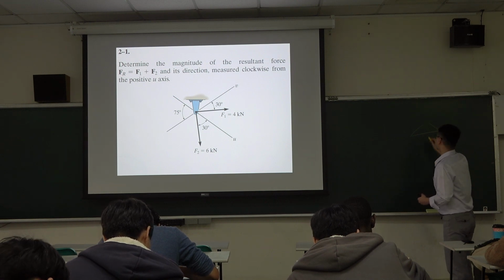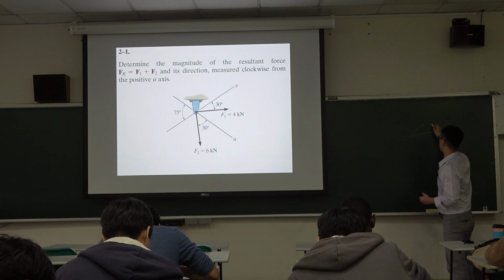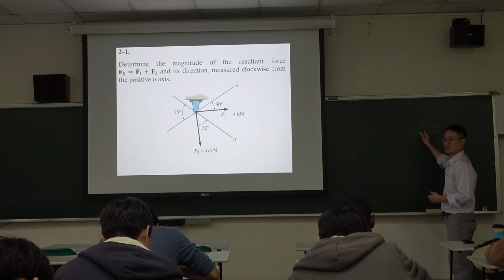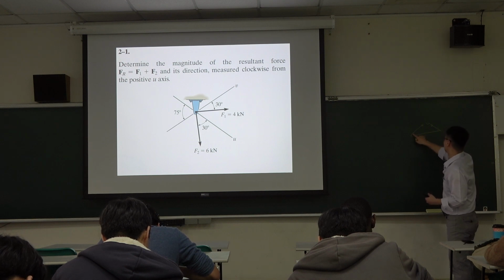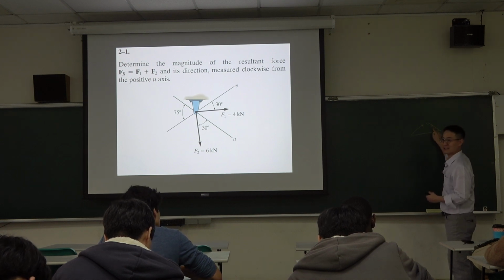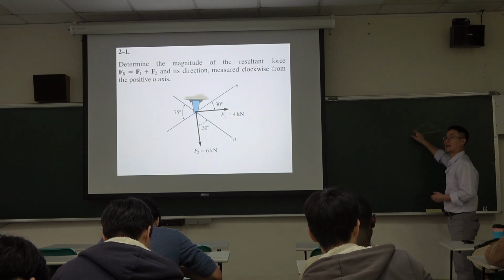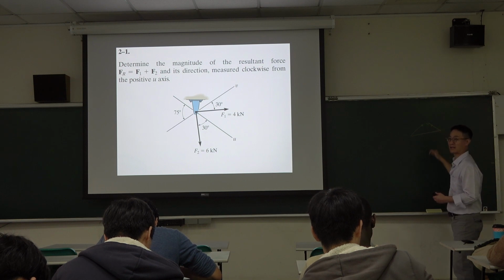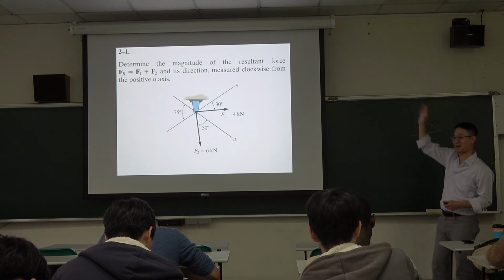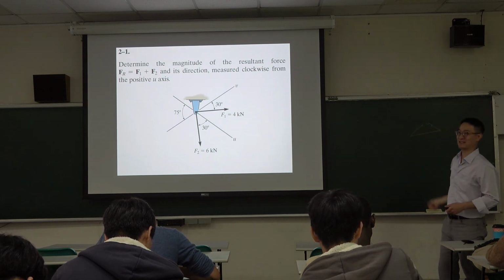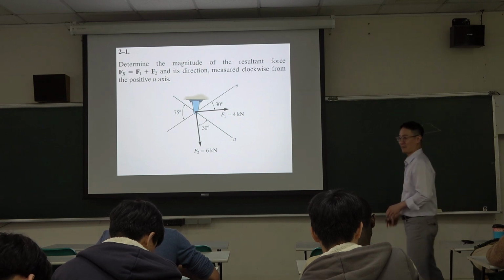For cosine law, for example, we know these sides and the angle, so we can apply cosine law. And sine law is the angle with its opposite side, the ratio. They should follow the same ratio. Okay, clear? Remember? So for this question, we should apply this kind of concept.